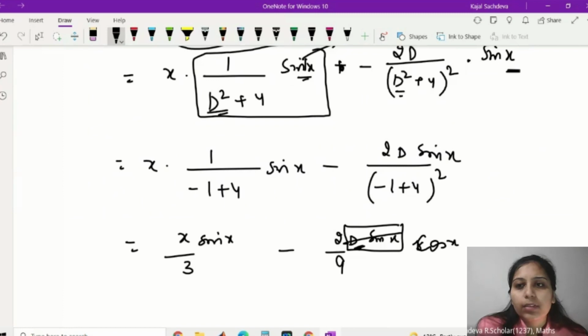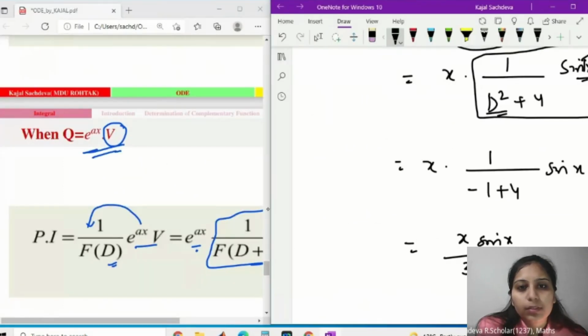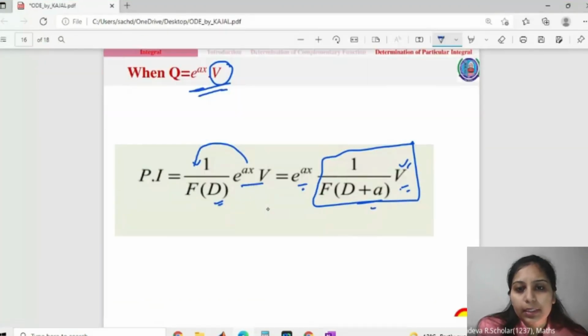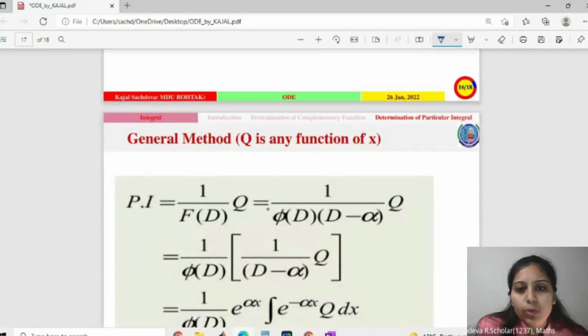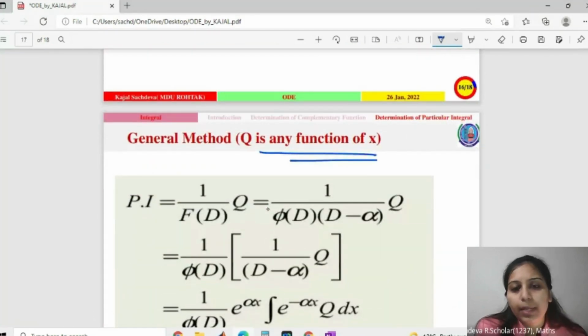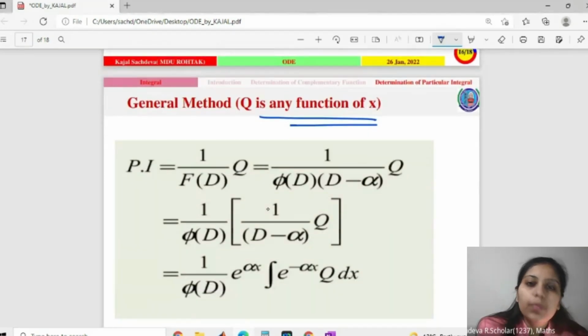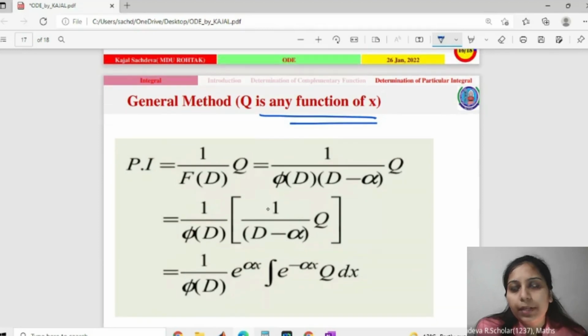We can have one more formula which is for the general case. When Q is any function of x, we can apply this formula on any type of non-homogeneous part Q given. But this is quite difficult and also lengthy.